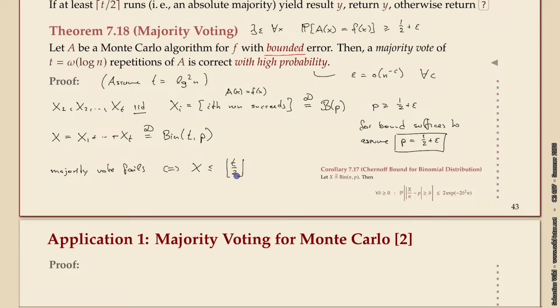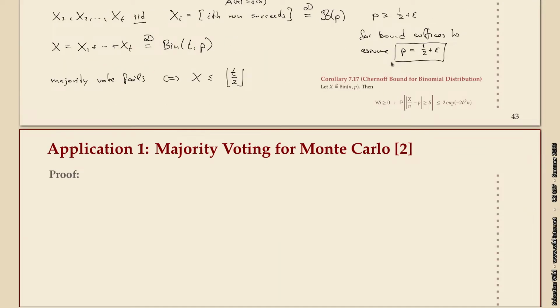Let's always assume that t is an odd number just to avoid kind of stupid corner cases. I don't think that adds any interesting twists to it.